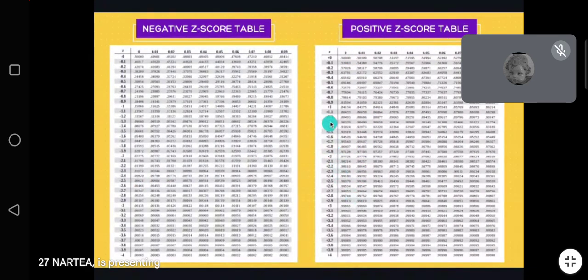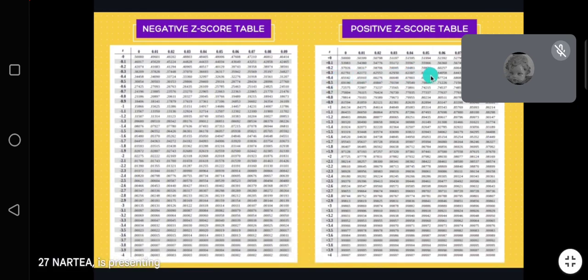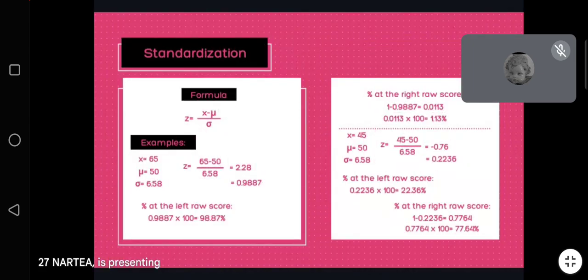Here is 0.2, and then we look for the 5, which is here. And that is the area of the z-score.